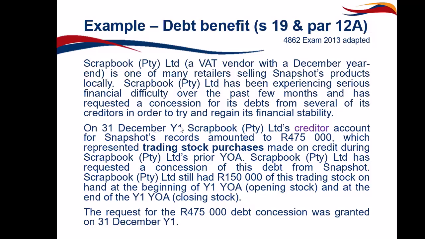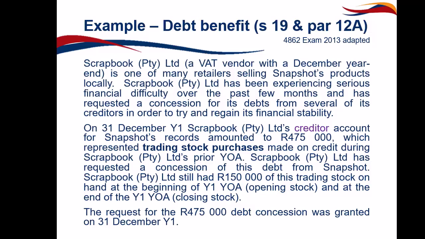So at the end of the current year, Scrapbook owed 475,000 to Snapshot, and that debt related to trading stock purchases. You've got an idea now of which sections are going to be applicable, and I hope you're writing that down for yourself. Scrapbook Pty Limited has requested a concession of this debt from Snapshots.